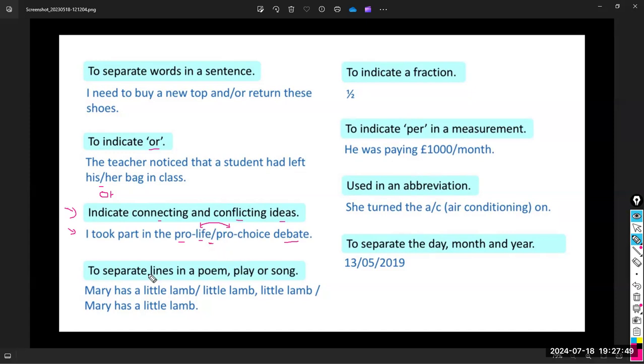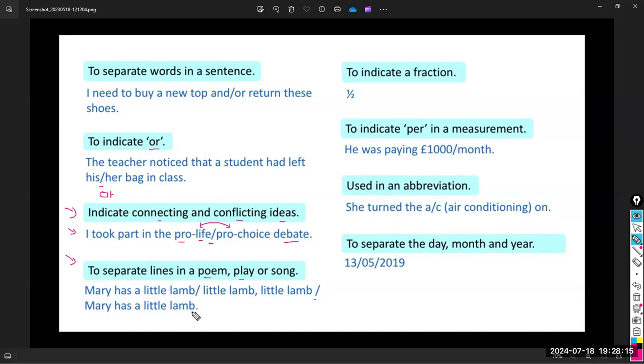Now, the next rule is to separate lines in a poem, in a certain play, or maybe a song. So notice this example. Mary has a little lamb slash little lamb slash Mary has a little lamb. So we notice that it's a kind of song. Now I have to separate these lines in writing with slashes.